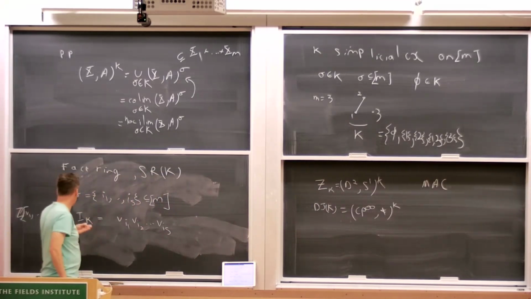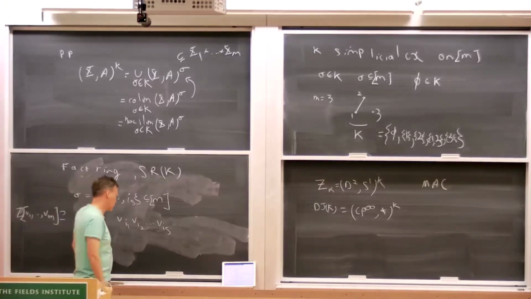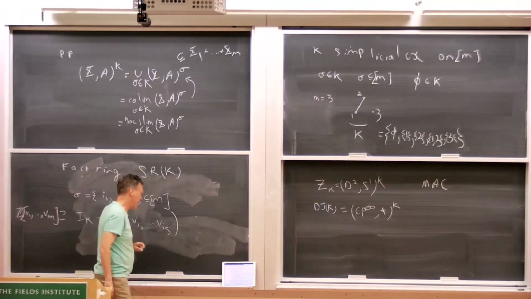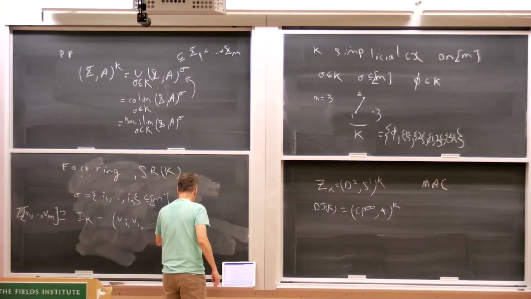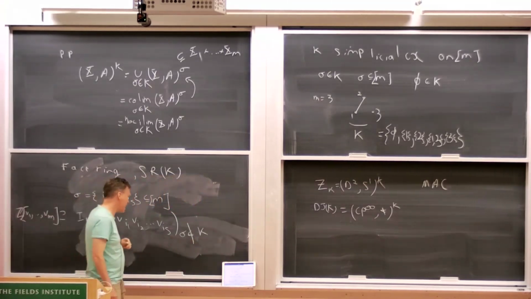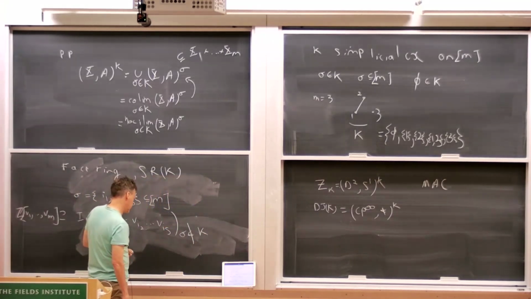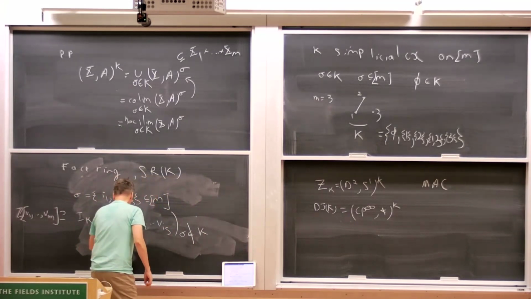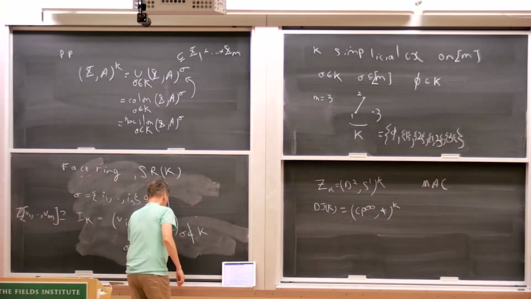And what you do is you take the ideal generated by that for sigma not in K, and such sigma are called missing faces or missing simplexes. So sigma is a missing simplex.